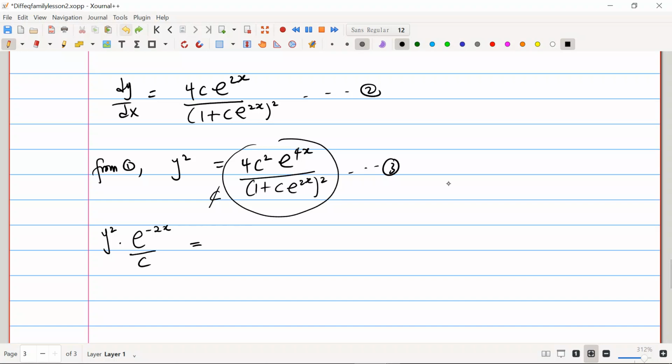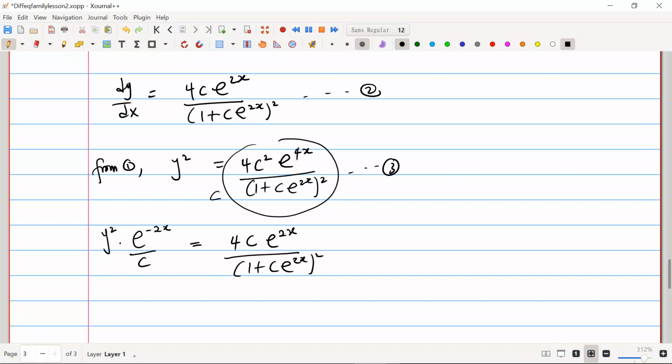So I'll have one c, so I'm going to have 4c, and then e to the 4x times e to the negative 2x. That's going to give me e to the 2x. So I'm going to have e to the 2x over 1 plus c e to the 2x squared.